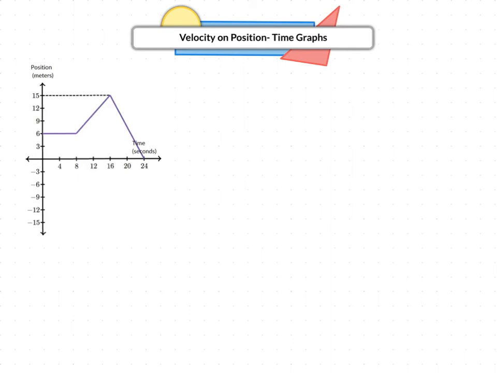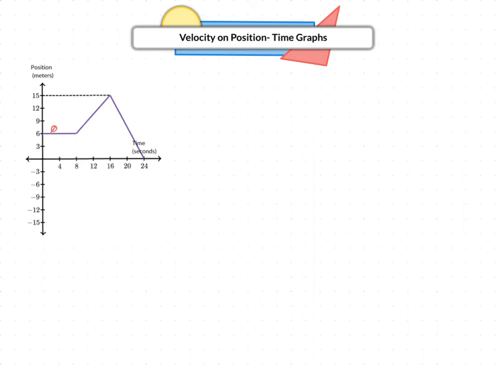We are going to have a look at it now. So visually, we should be able to pick out roughly what types of velocities we have. So for the first 8 seconds, the armadillo's position is 6 meters, and it stays at 6 meters. So it's actually not moving at all. So we can say that it has a 0 velocity.